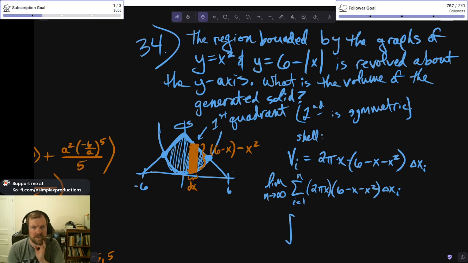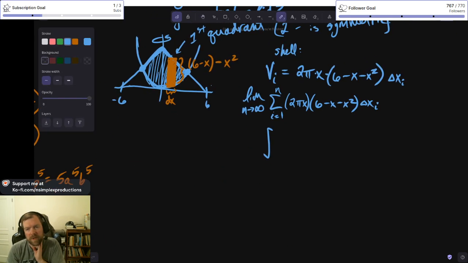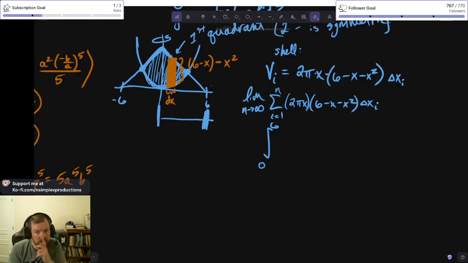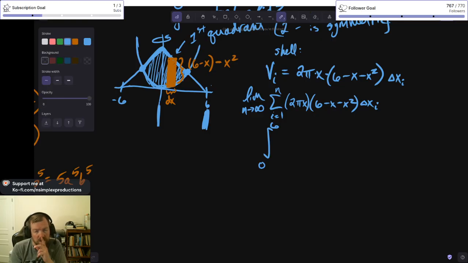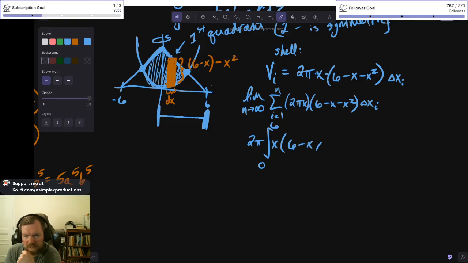So this gets us the integral, by definition of the integral, from, in this case, 0 to 6, because this captures all of this distance. So 2 pi x times 6 minus x squared dx.